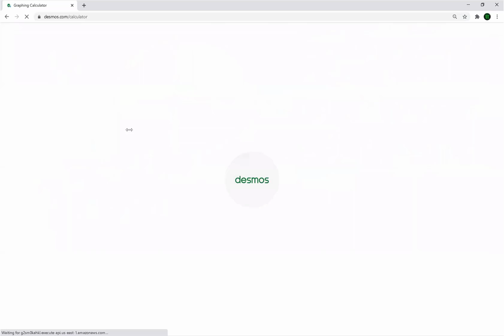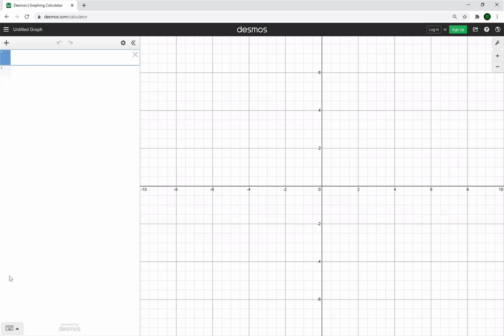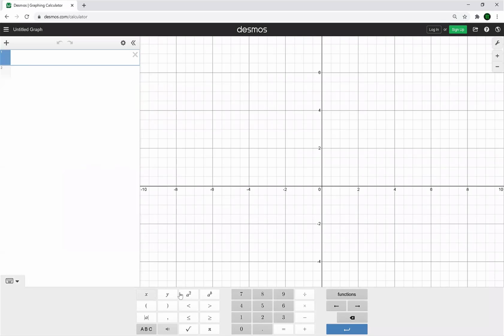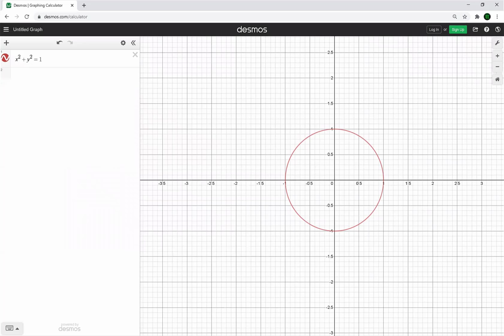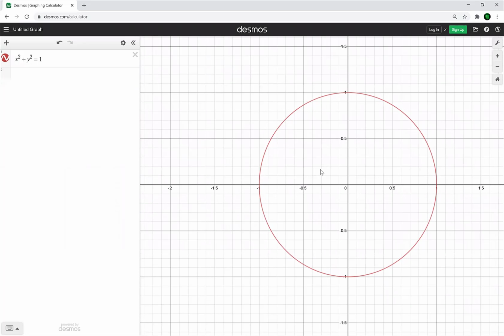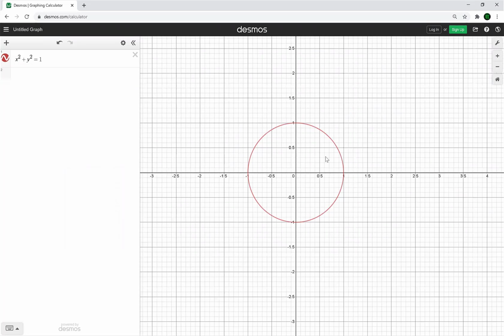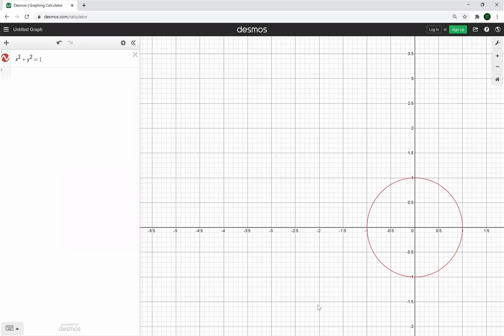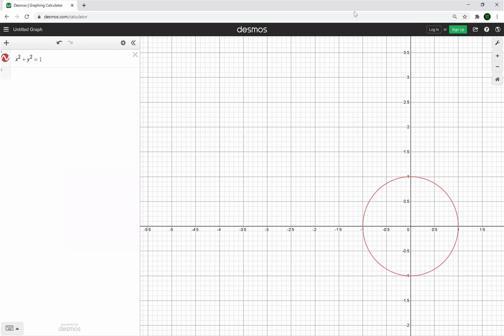So let's see what happens, guys. I'm going to type in x squared plus y squared equals 1. And there it is, the equation of a unit circle. As you can see, it is a circle with a radius of 1. Cool. That's all you've got to know. Let's not give you more information than necessary.